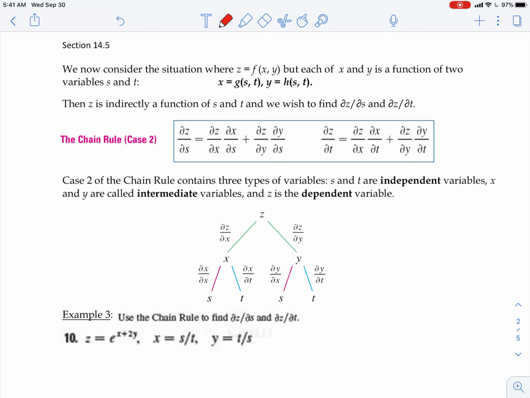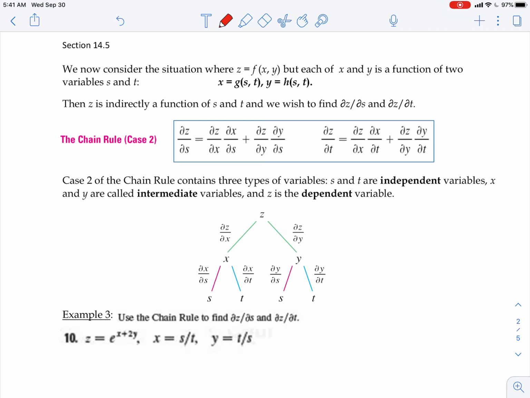The reason I have to say partial is because there are two independent variables, s and t, that we're trying to differentiate with respect to. So because there are two variables inside the functions that we want, it's partial instead of just normally defined by d.